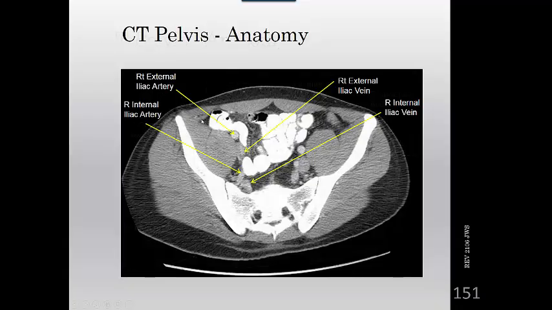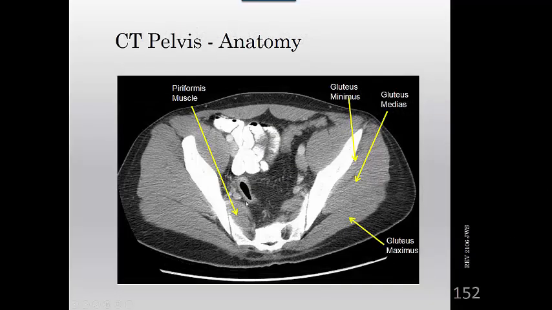Again, here's the external iliac artery. It's going to be running a little superficial to in the leg, and then the right internal iliac artery is going here posteriorly. The right internal vein is here behind it. Kind of hard to see, but the vein and the artery are kind of close together, and we're looking at cross axial slices, so we're not getting a clear coronal view, obviously, of that.